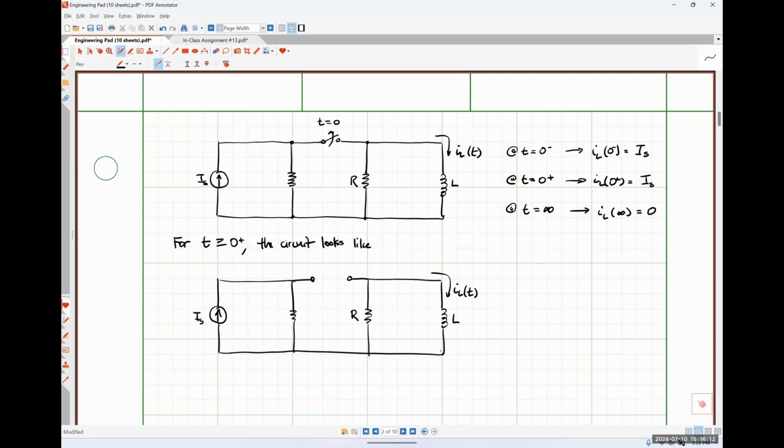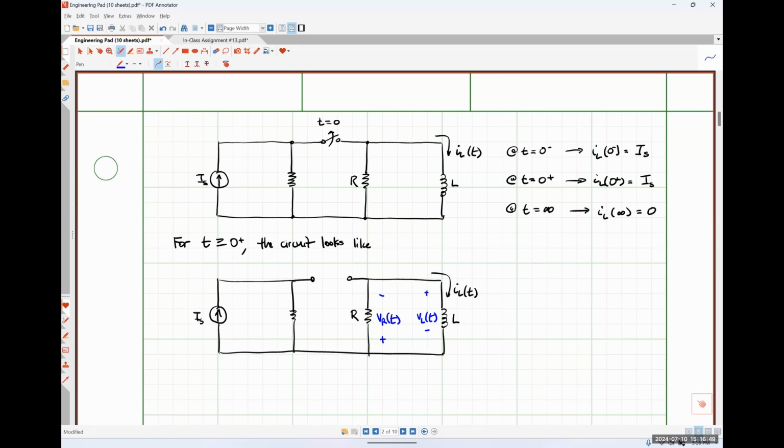So what I'm going to do is label the voltages that our inductor current is going to see in its path. So we're going to have a voltage VL of t, like so. And then I'm going to have a voltage VR of t, like so. And I've put the positive polarity terminal of the resistor voltage on bottom so that the current IL of t will flow into the positive polarity terminal.